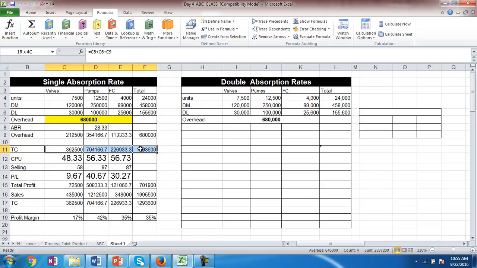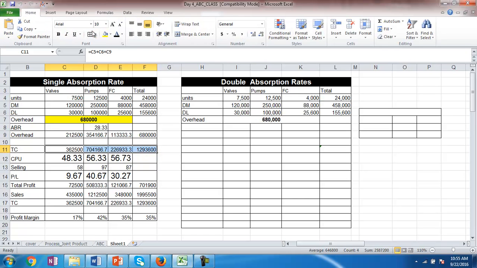So the total cost of these 3 products is 362,500, 704,000 and 226,000. So observe the total cost.